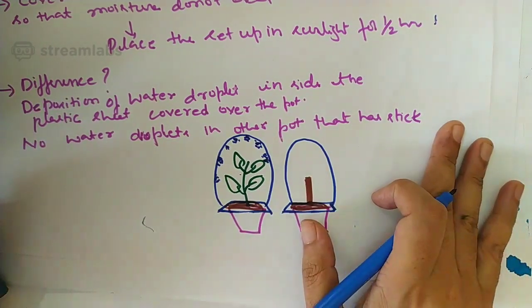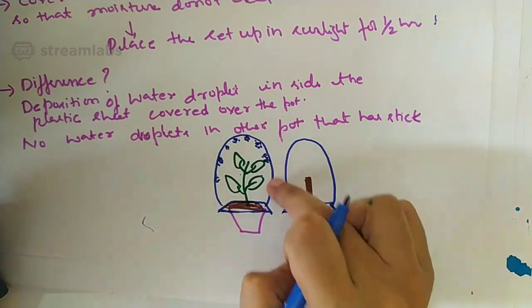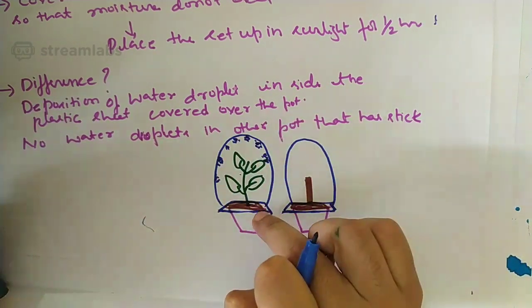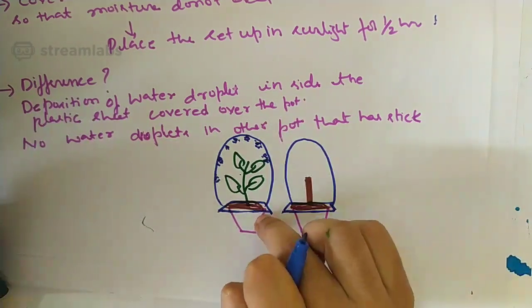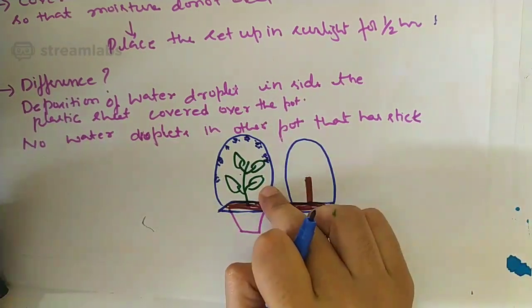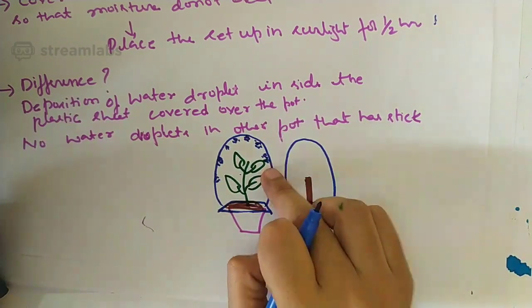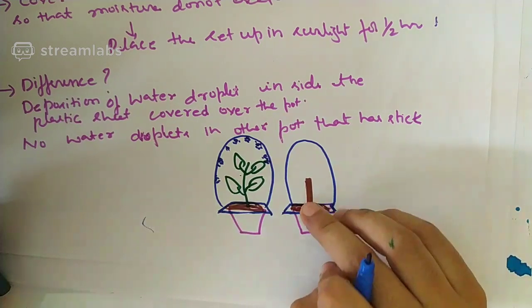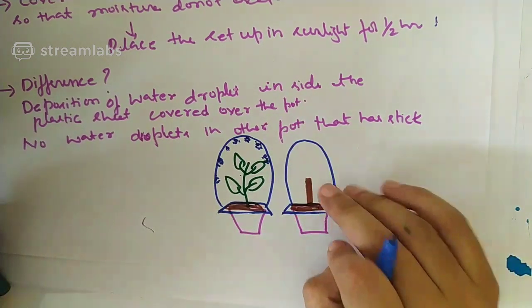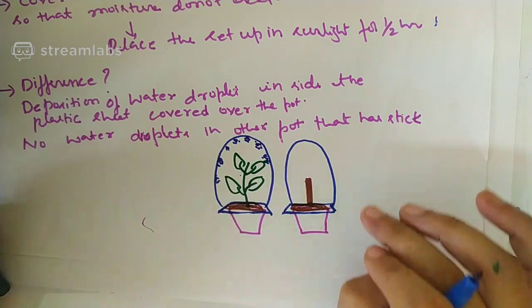After half an hour, what can you see? You can see water droplets inside the polythene or plastic sheet in the pot with the plant, which indicates transpiration. In the other pot with the stick, there are no water droplets, that is, there is no transpiration. Okay, so that is the activity regarding transpiration.